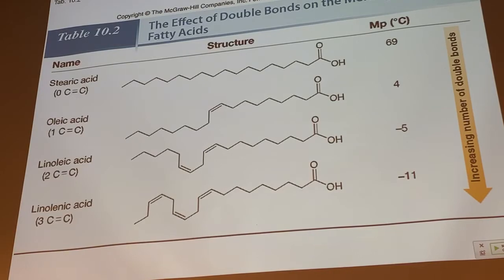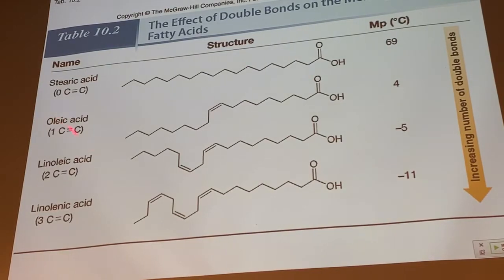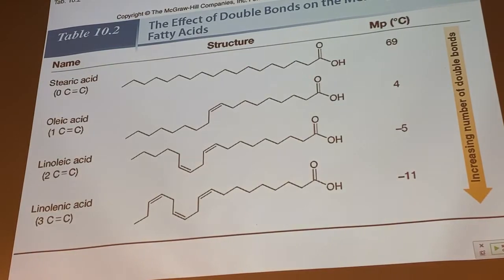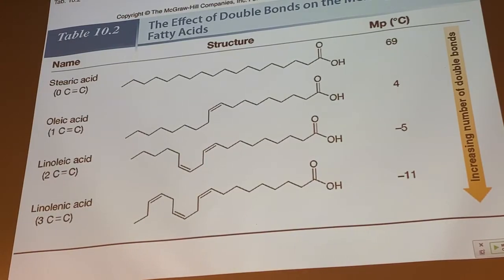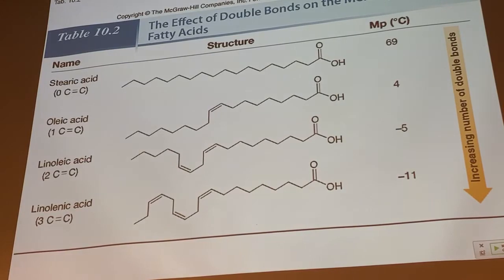And we also see that with each additional double bond, the melting point decreases. Okay? So our saturated fatty acid has a higher melting point than our unsaturated fatty acid. And the melting point of the unsaturated fatty acids goes down with increasing numbers of double bonds.